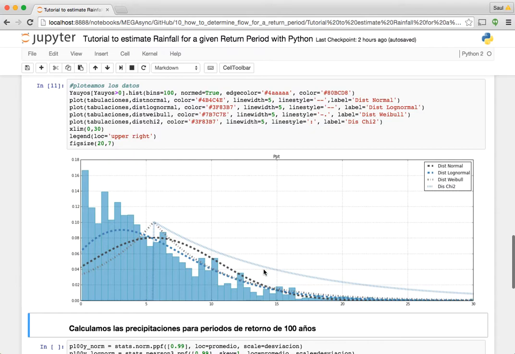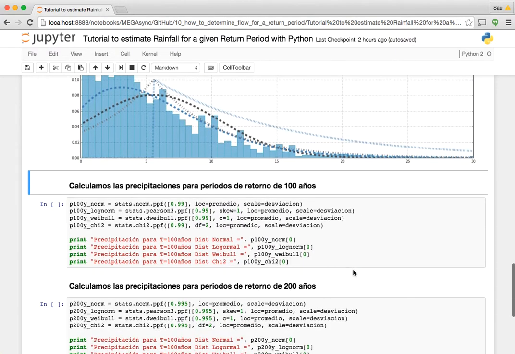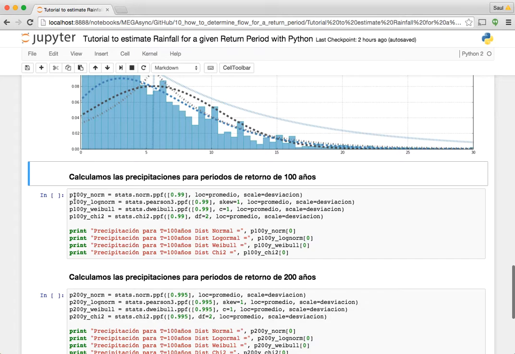What we deal with is a distribution that actually is a good approach to the probabilistic distribution of our values, but it's not perfect. And if you can see, our values go from 0 to 30, and here we run the probabilistic distribution for them.